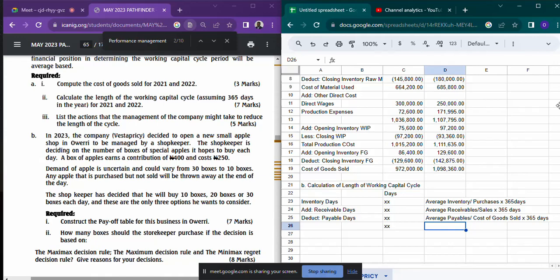For receivables, it is what you sell that determines how much you get from customers. And for payables, it is what you buy that determines how much you pay to your suppliers.